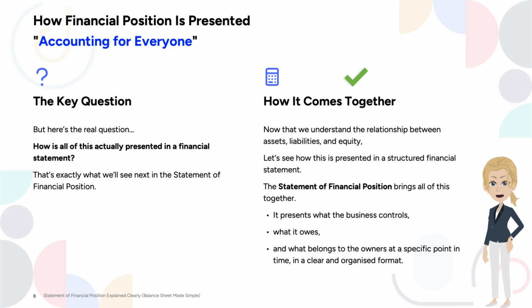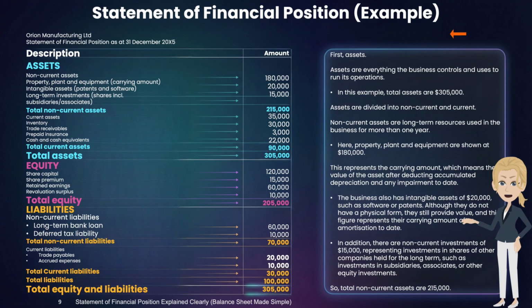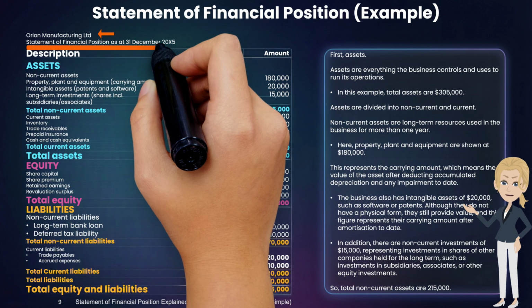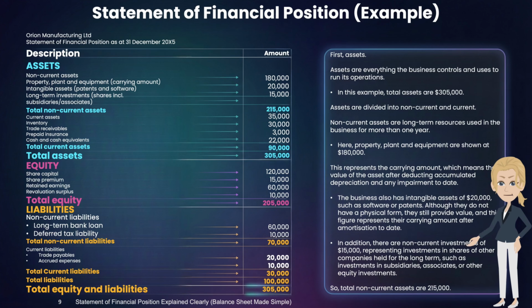Let us now understand this structure using a simple example of a company. Consider Orion Manufacturing Limited. Statement of Financial Position as at 31st December, year end. Before we look at the full structure, let's understand the elements using this example.